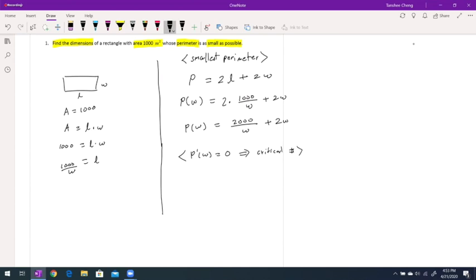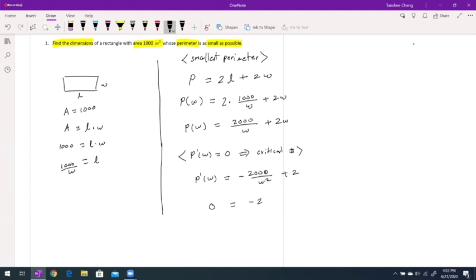So taking the derivative and setting it equal to 0, P prime of W will be equal to negative 2,000 over W squared plus 2. And we're going to set this equal to 0.